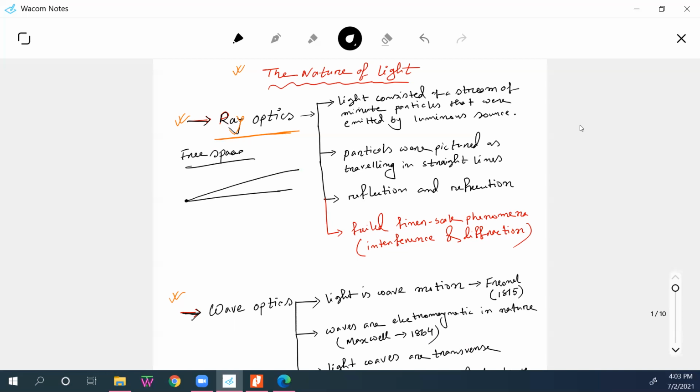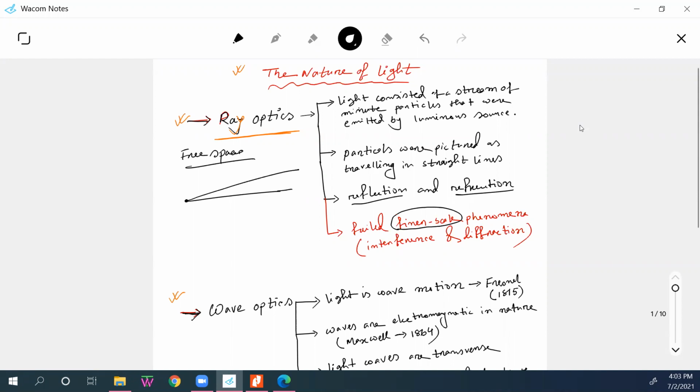This concept works well for large scale phenomena, but it does not deal with the finer scale.